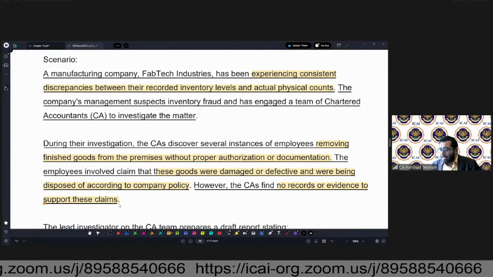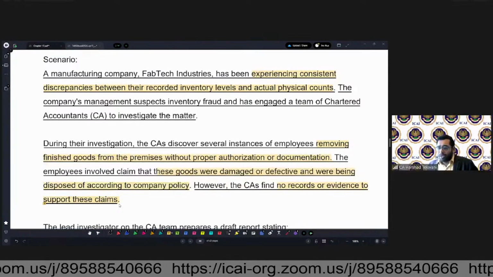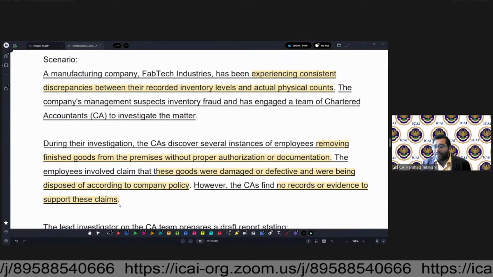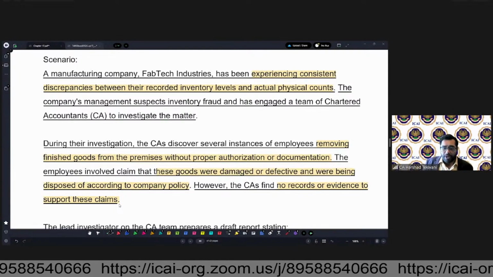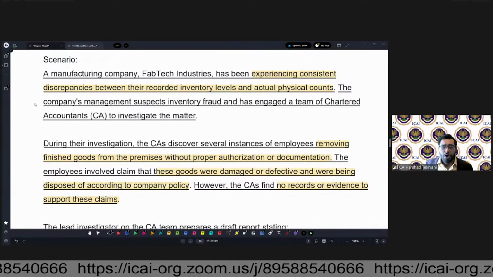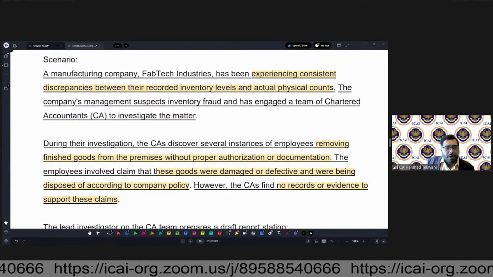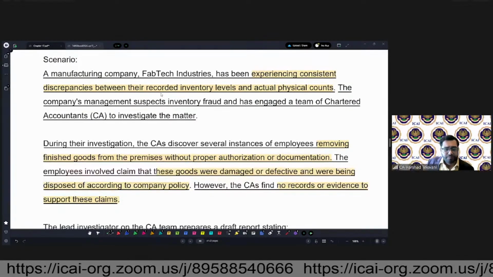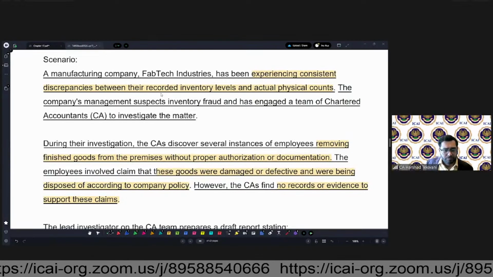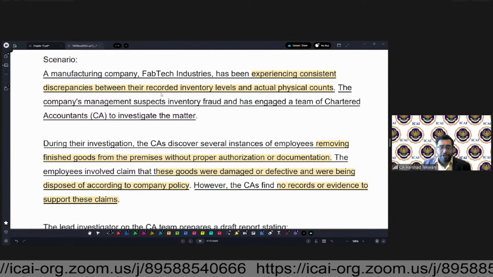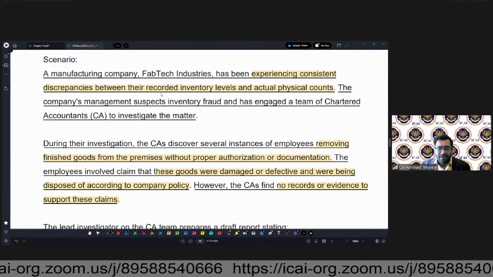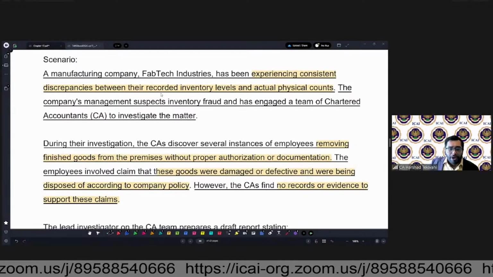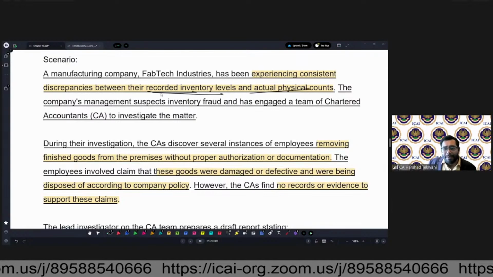So in this current scenario, what I could say is, one, there could be concealment of the inventory through write-offs. For example, there were differences in recorded inventory level and actual physical count, which were also highlighted by management.